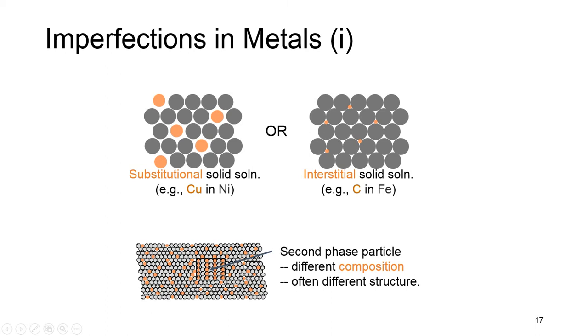This schematic also shows a solid solution of atom B in A plus particles of a new phase. Usually this happens for a larger amount of atom B. The new phase that you see here has a different composition and sometimes a different structure.